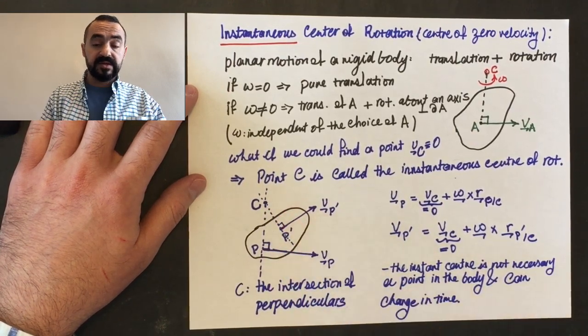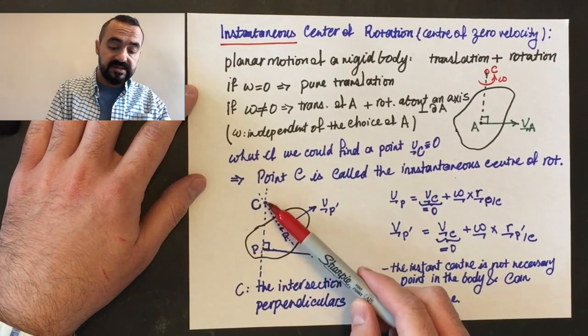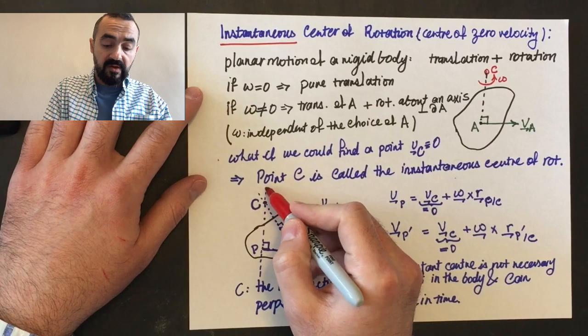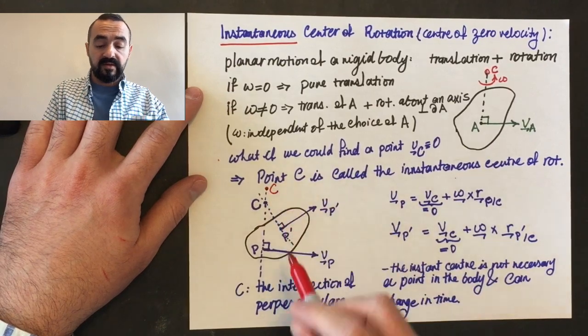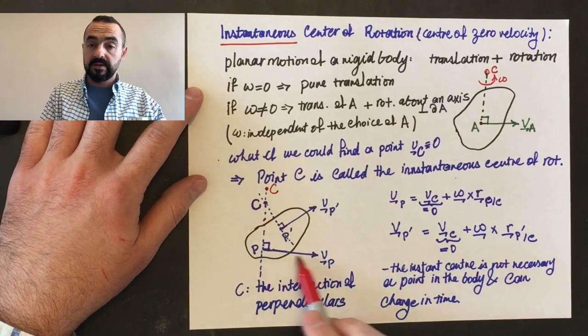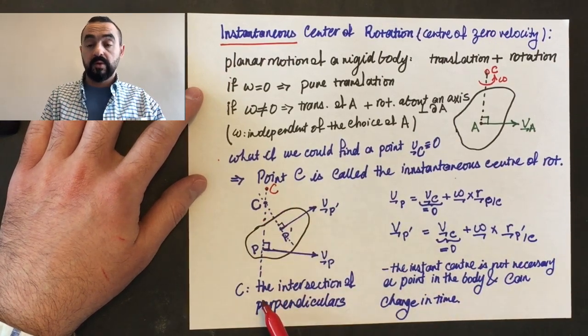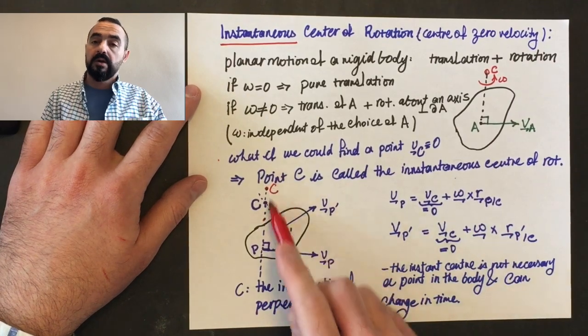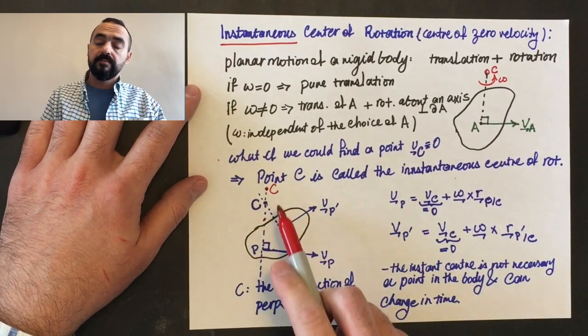Initially, we don't know if this is the C or if C is here, for example. Is C here, or here, or here? But we know that this velocity is perpendicular to this position vector. So we can say that the velocity of P is perpendicular to this line going through the point C.